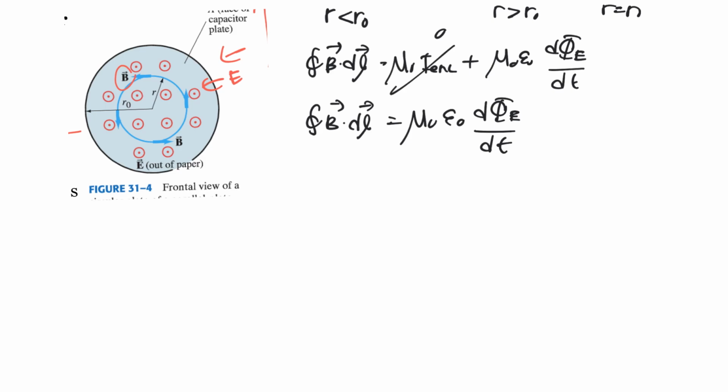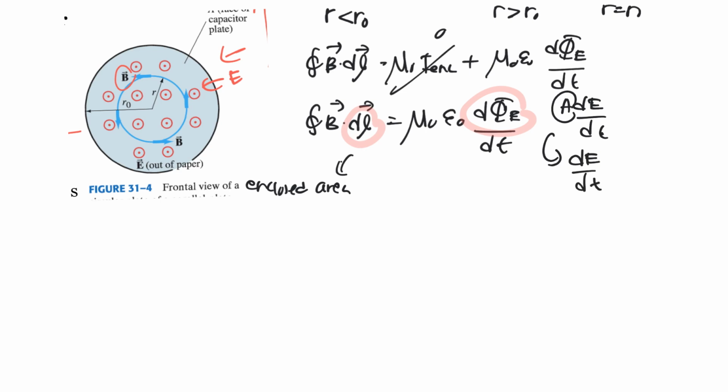Here this is the enclosed area, which is the one that you need to find. Inside this formula we have dE over dt. The area here is the area that only has a change of electric field. Please take note, the area here is the area that has a change of electric field.